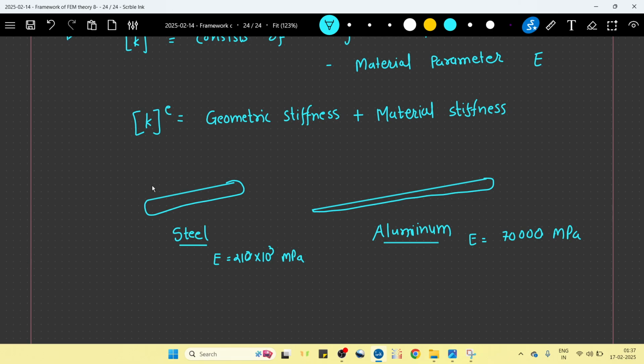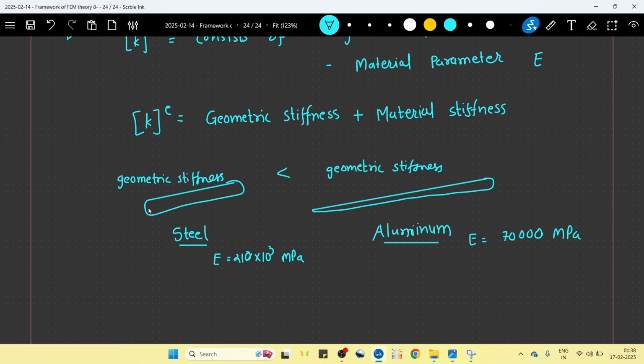But we cannot say that this structure, if it is made of steel, is stiffer than this aluminium structure, because the geometric stiffness of this structure may be less than the geometric stiffness of that structure.